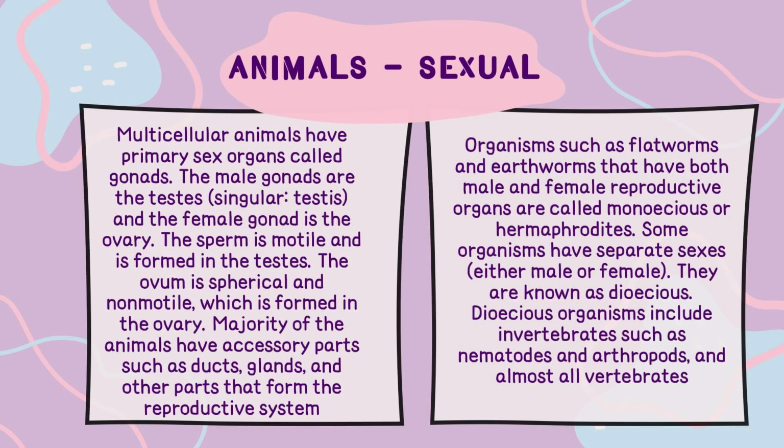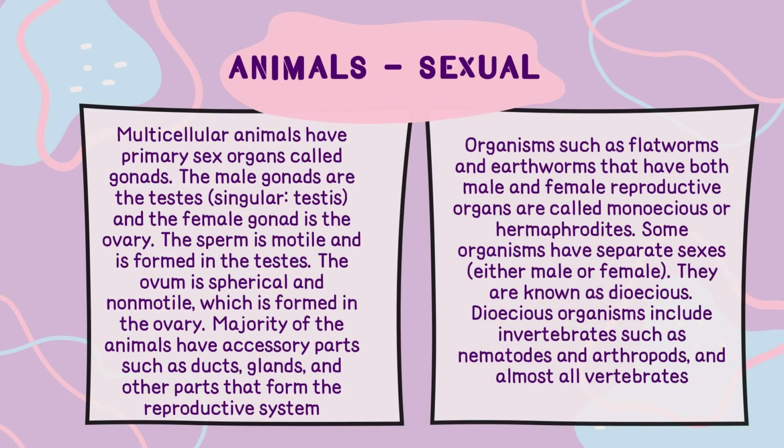Kanina, sabi natin may plant na nasa kanya pareho yung pistil at saka yung stamen. Ang tawag sa kanila, nagsa-self-pollinator sila. Okay? They are self-pollinator. This time, kapag animals naman po, yung merong the same or 2 reproductive organ, that means they are monoecious. Mono means one organism only, or hermaphrodites.